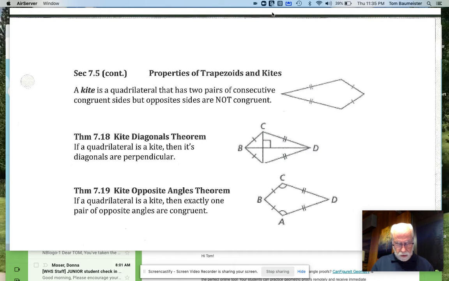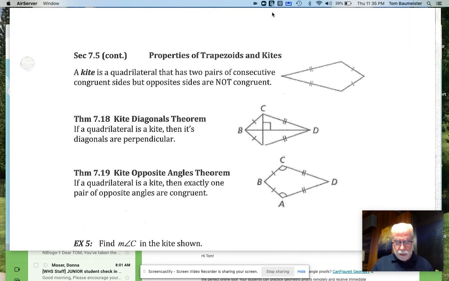So using that, theorem 7.18 is the kite diagonals theorem, and it states if a quadrilateral is a kite, then its diagonals are perpendicular.